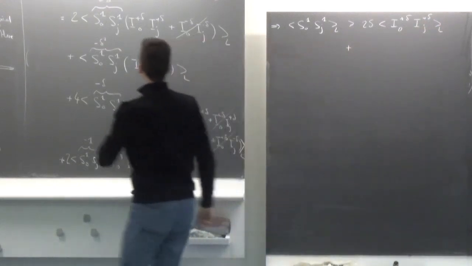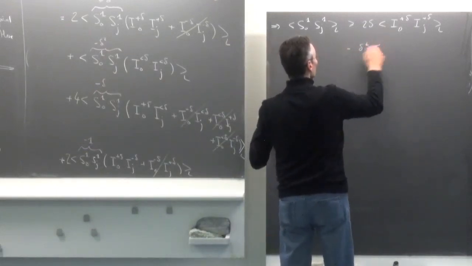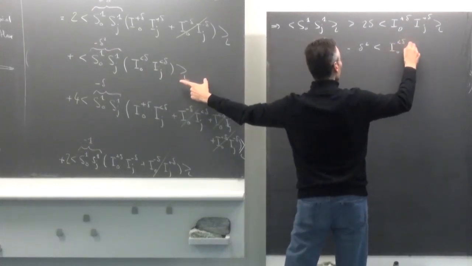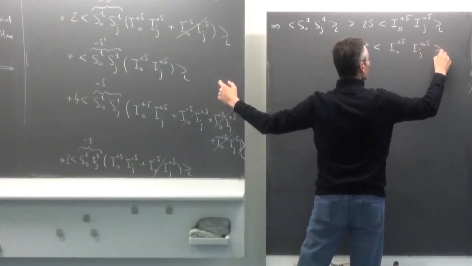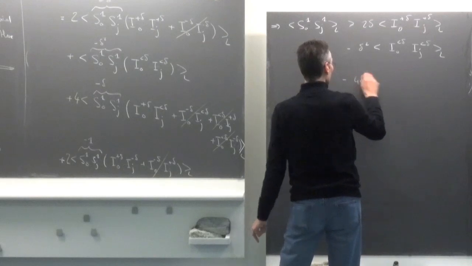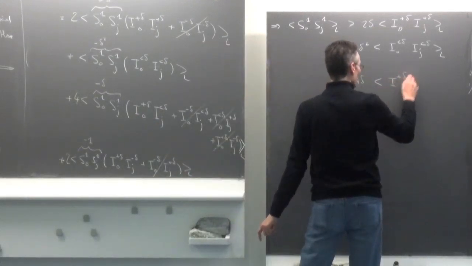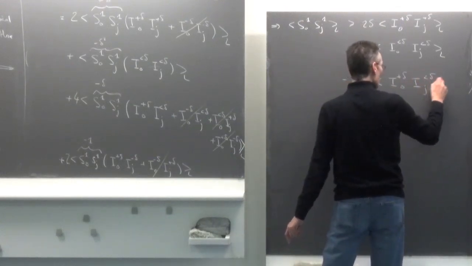Then we get corrections, so minus delta squared, which multiplies the expectation of I0 smaller than delta, Ij smaller than delta, minus 4 delta, which multiplies I plus delta at 0 and I smaller than delta at j.